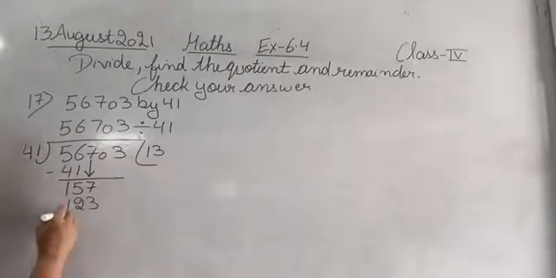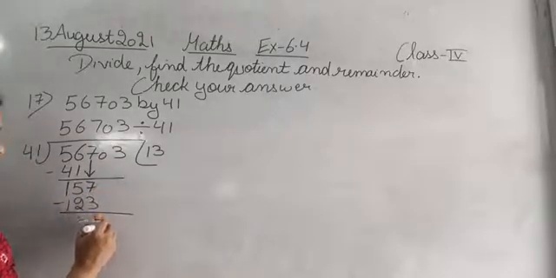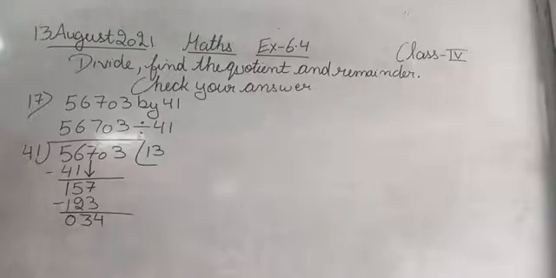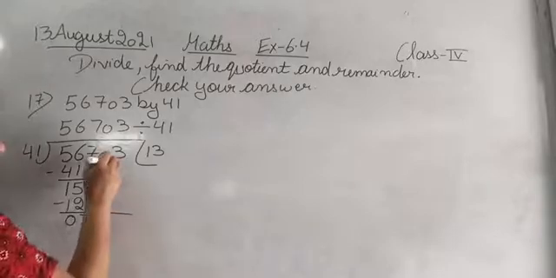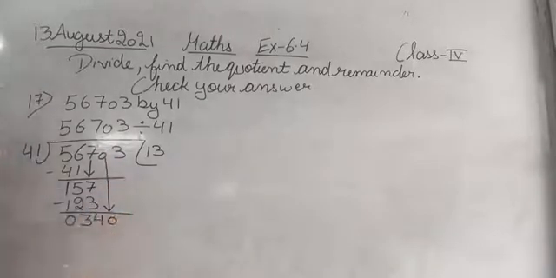Now let's subtract them as well. 7 minus 3, 4. 5 minus 2, 3. 1 minus 1, 0. So 157 minus 123 is 34. Next, bring down the next number, that is 0. This is 340 now.